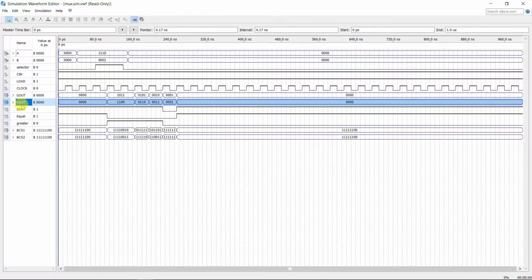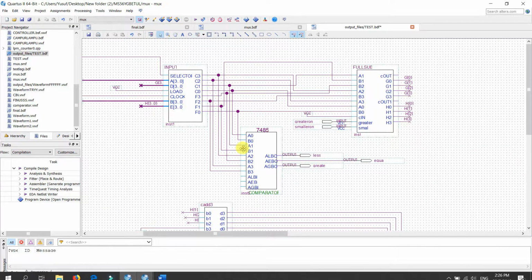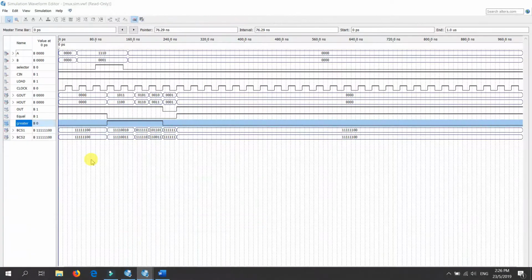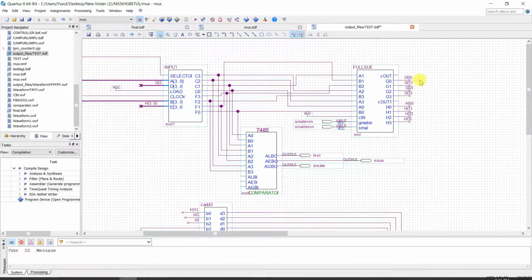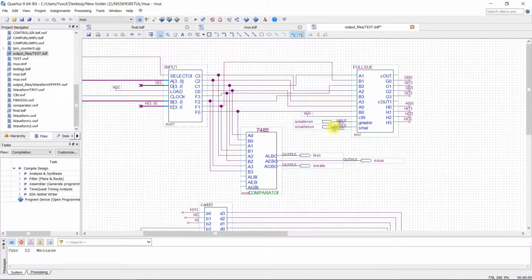So the G out and H out are not working, and the equal and greater than are working, like these two things are working. The BCD is also the same, because it's not connected. The output will go from here, and then it will go to the BCD when it gets input here.